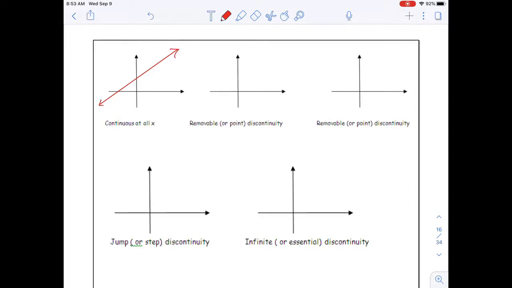Removable or point discontinuity, you've seen that before, where we would have maybe a line with a hole in the graph. That would be removable or point discontinuity. Another example of removable point discontinuity, it doesn't have to be a line. It could come down and have a hole like that and maybe go like that.